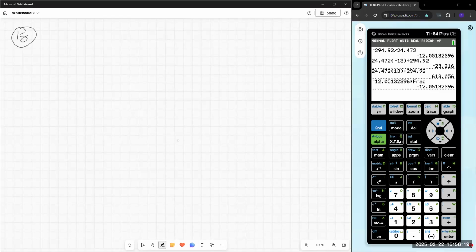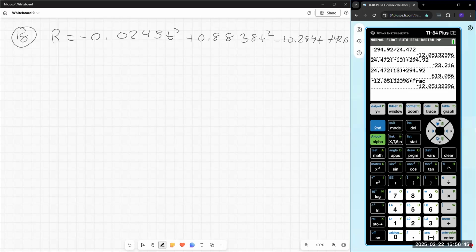Number 18 is r equals negative 0.0245 t cubed plus 0.8838 t squared minus 10.284 t plus 42.60.